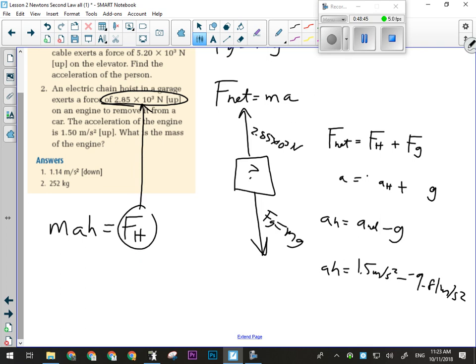Now I have the acceleration produced by the hoist, the force of the hoist, and now I can calculate the mass. Mass will be force of the hoist divided by the acceleration of the hoist. So 2.85 times 10 to the 3 divided by our 11.31.